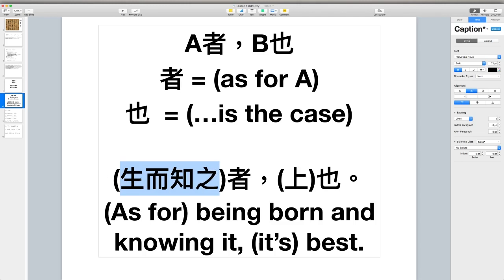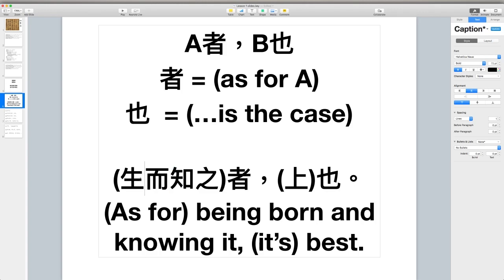So in this case, this character, whenever you see it in classical Chinese, it's a marker of verbal coordination. That means you're going to have a verb in front of it and a verb behind it. Now, in this case, it's pretty clear where the verbs are. This is a verb and this is a verb, right? Sometimes you'll have other stuff in between.